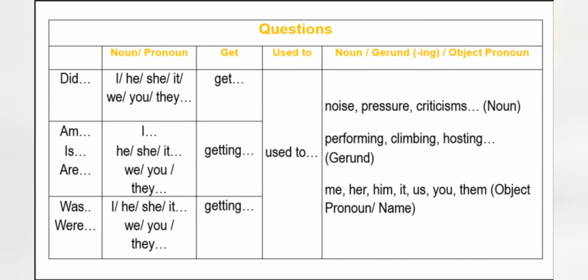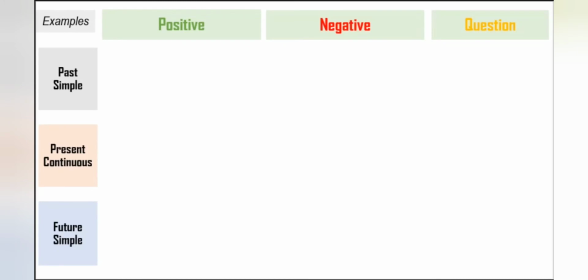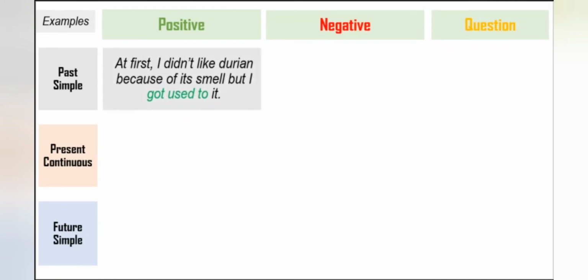Okay, to understand it better, I gave some examples. So ayan, so naka-divide siya, positive, negative, question, and then dito yung past simple, present continuous, future simple. Or sabihin, nagdaan, kasalukuyan, hinaharap. At first, I didn't like durian because of its smell, but I got used to it.